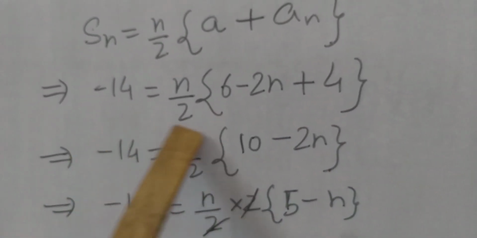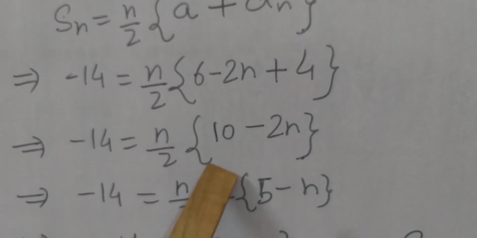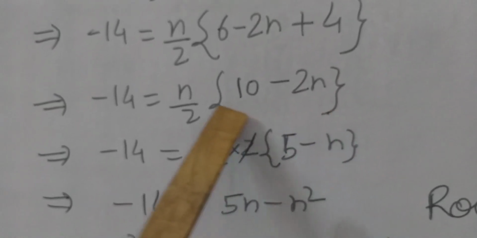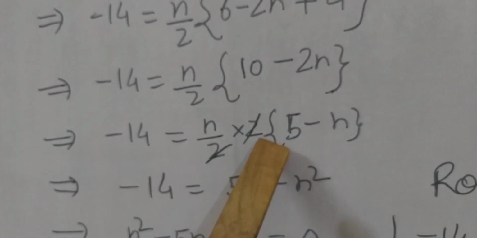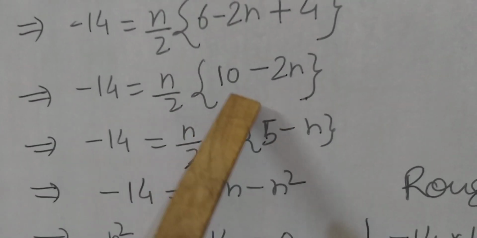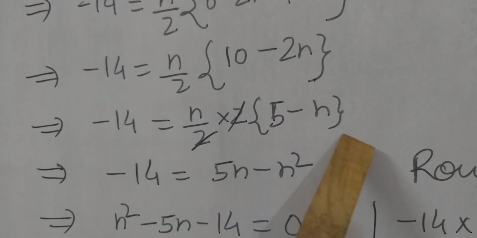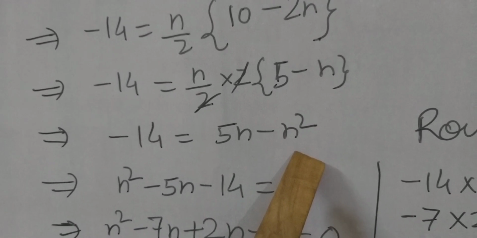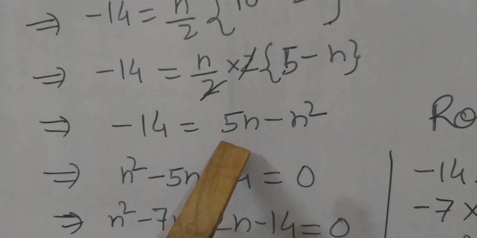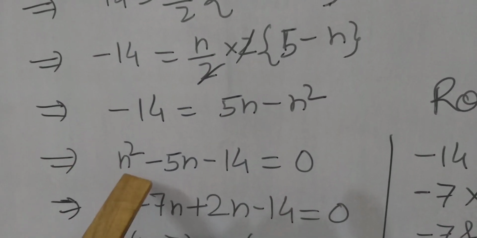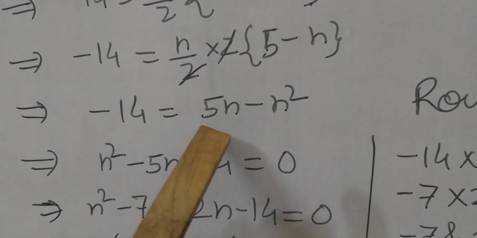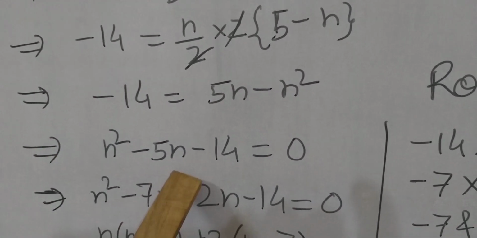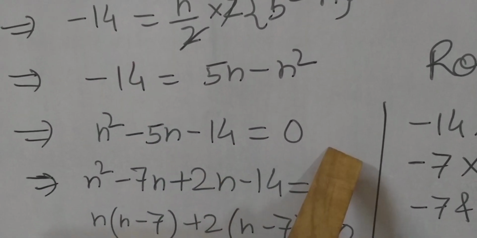Now solve this equation. 6 plus 4 is 10, 10 minus 2n. 2 is common: n upon 2 into 2 (5 minus n). The 2 cancels. Minus 14 equals 5n minus n square. n square and 5n will transfer to this side. n square will become positive, 5n will become negative. n square minus 5n minus 14 equals 0.